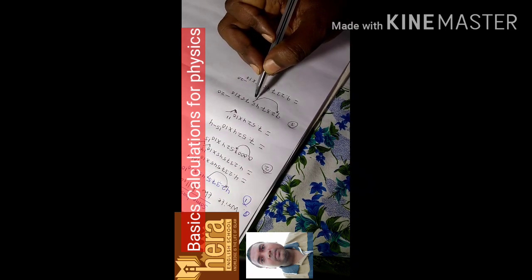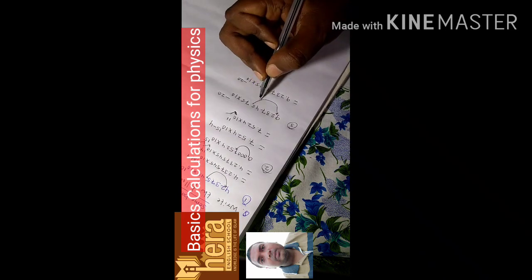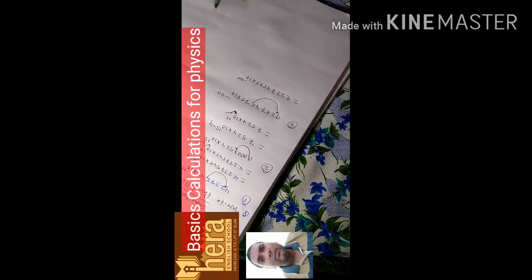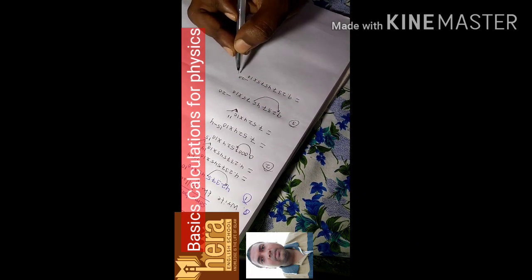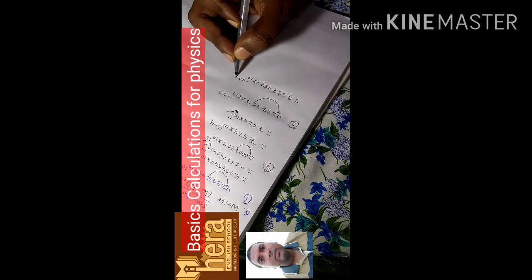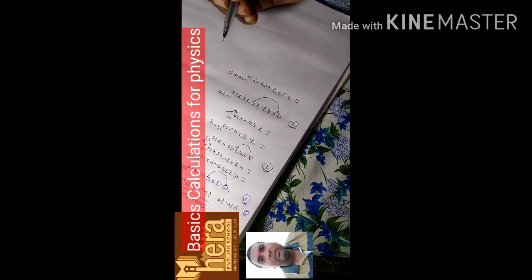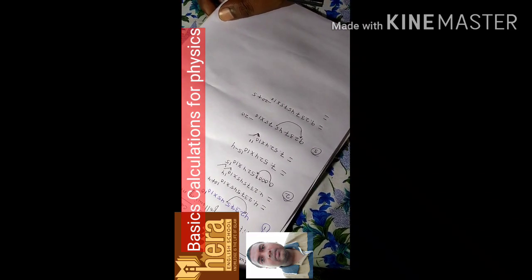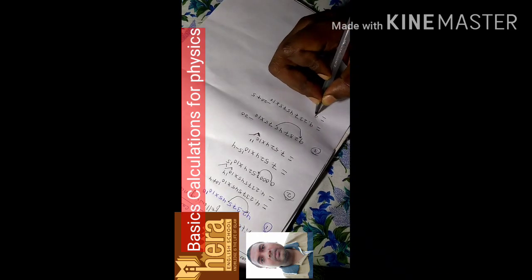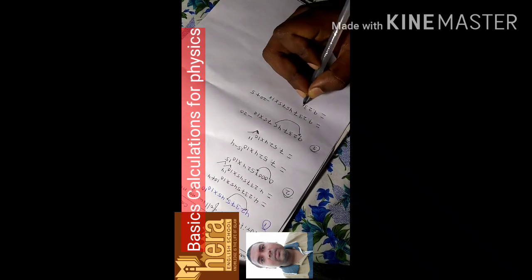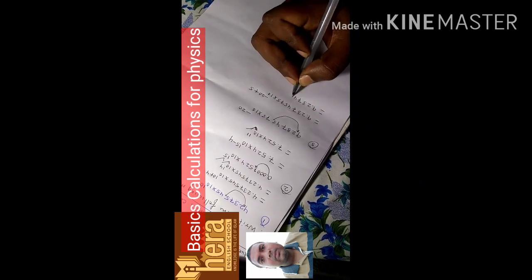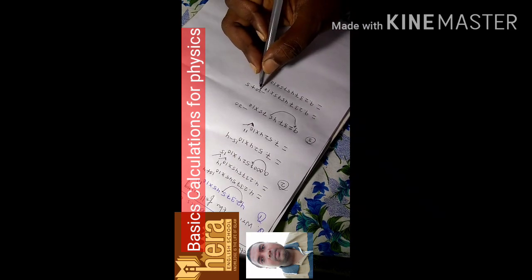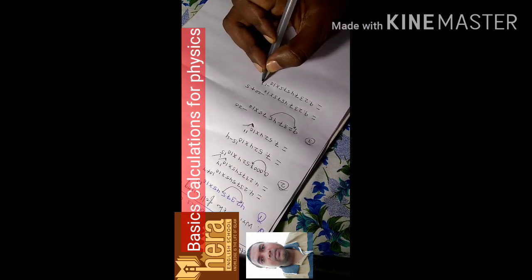Since you have shifted from right-hand side to left-hand side, how many digits? 1, 2, 3, 4, 5. It means you have to add plus 5. This number will be equal to 9.2374575 into 10 raised to minus 20 plus 5, which is equal to minus 15.